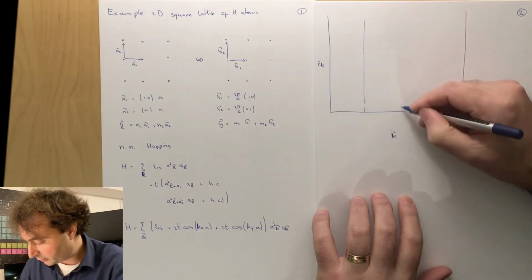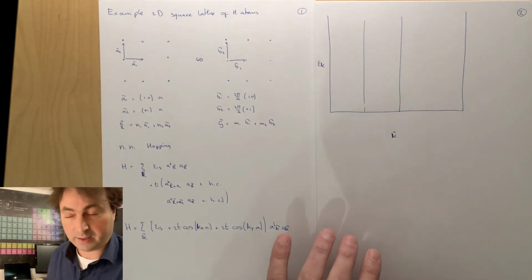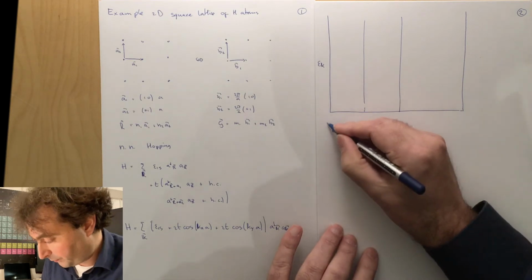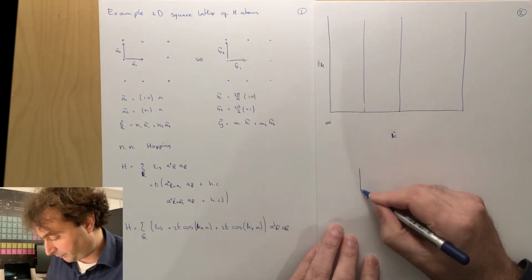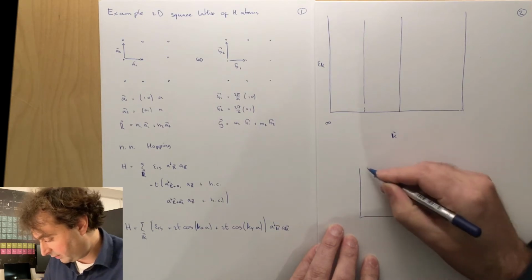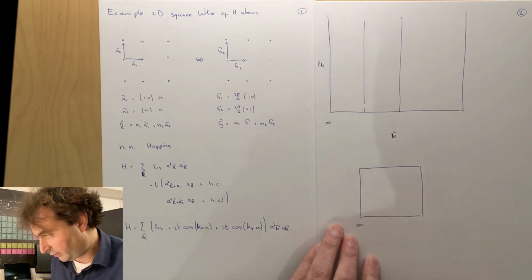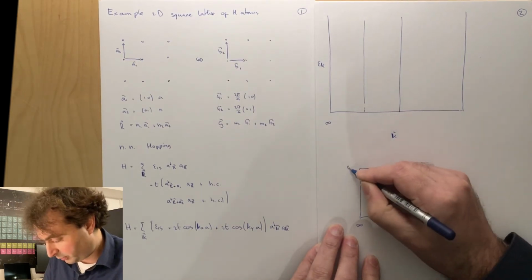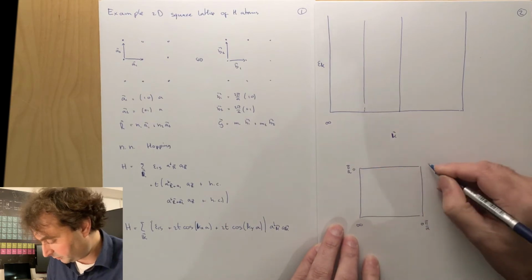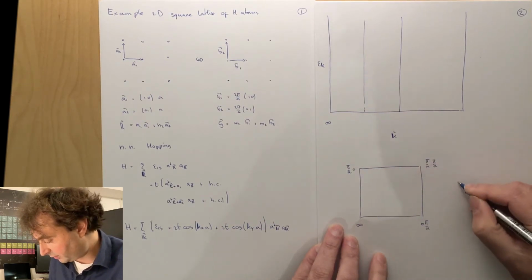So what we like to do is to follow a path in k-space through the Brillouin zone. So let's say we start at the point (0, 0). If you look at the Brillouin zone, then we have here the point (0, 0), here the point (0, π/a), here the point (π/a, 0), and the point (π/a, π/a). So that's your Brillouin zone.